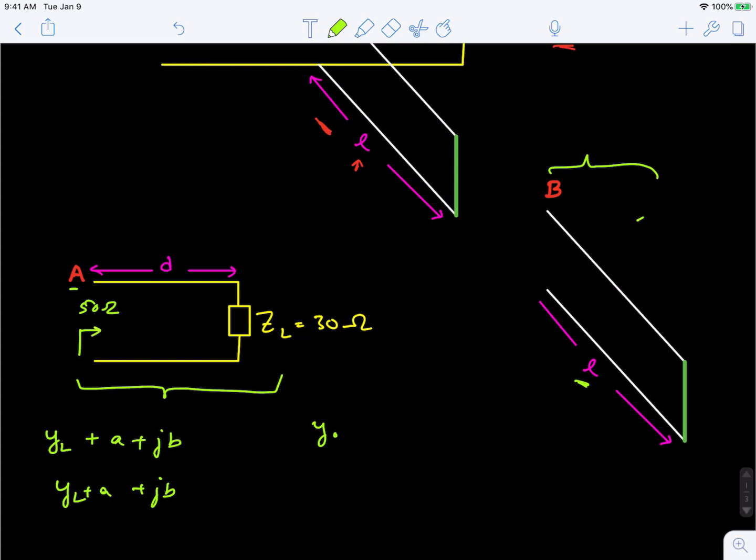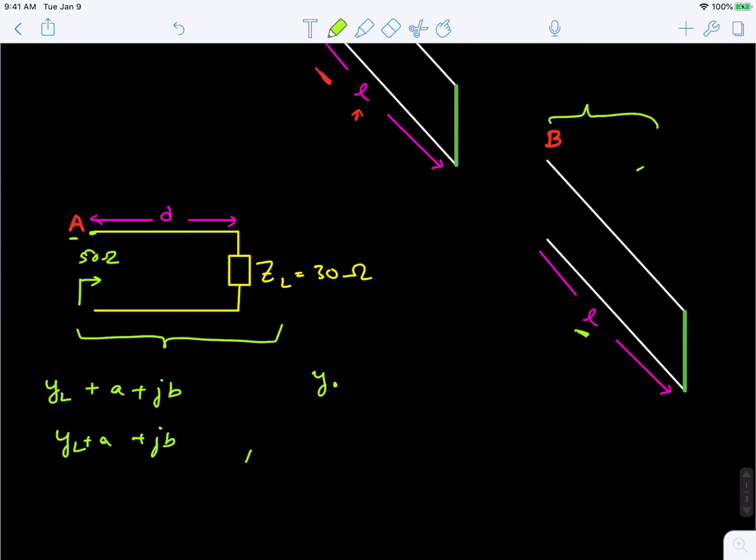Now we want to ensure that at the point A, Y0 is equal to YL plus A. Why is that true? Because we have 30 ohms here as the load and we have 50 ohms here.